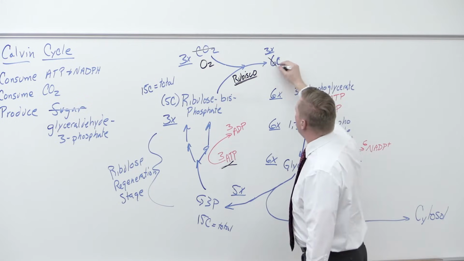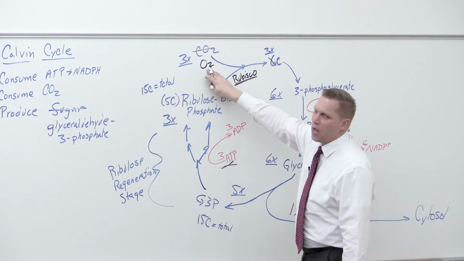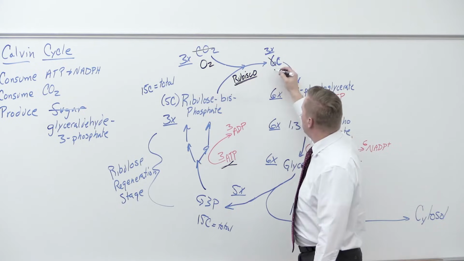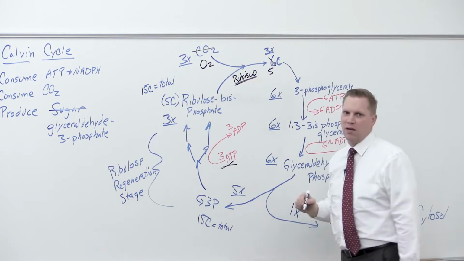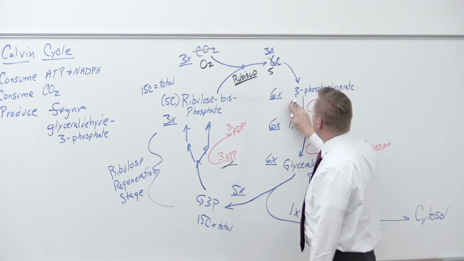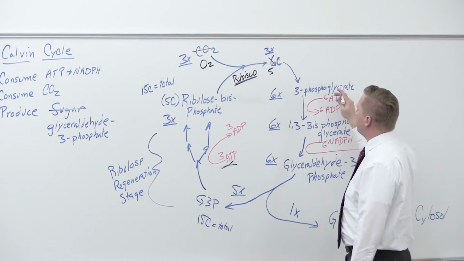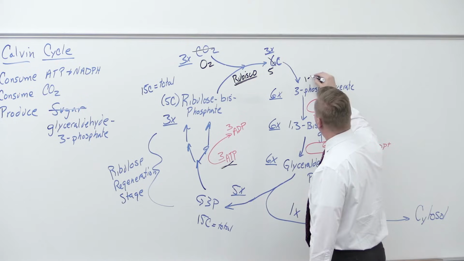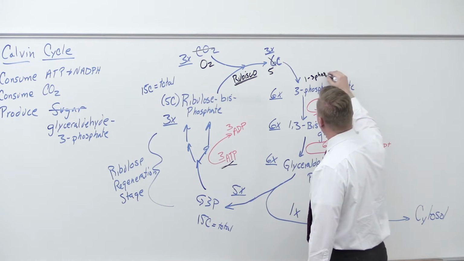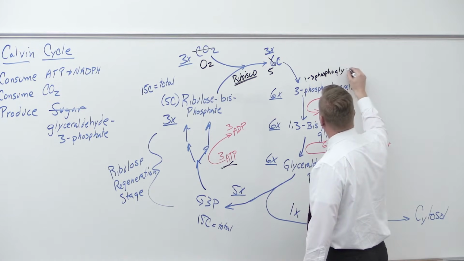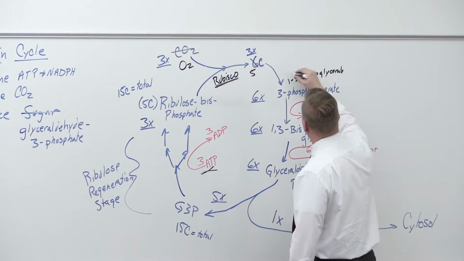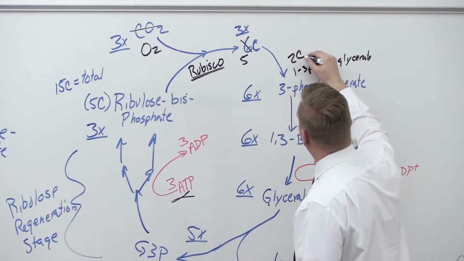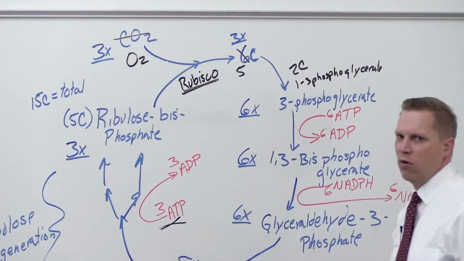But when you do that, you don't get a 6-carbon intermediate because you're not adding an additional carbon. You get a 5-carbon intermediate. And that 5-carbon intermediate, instead of producing 3-phosphoglycerate, produces 1 3-phosphoglycerate and 1 2-carbon molecule. And the 2 and the 3 equal 5.